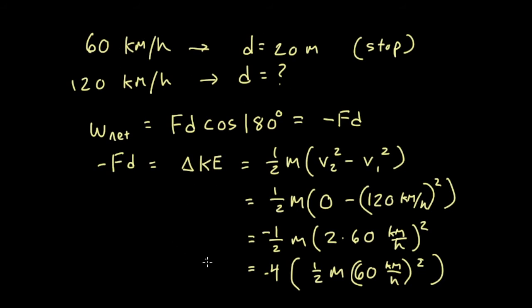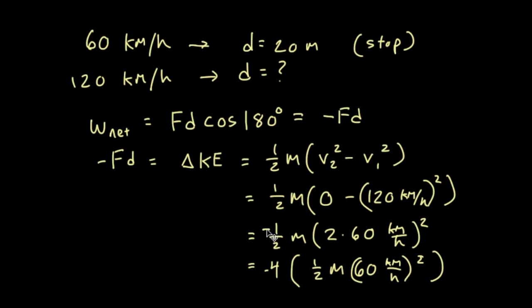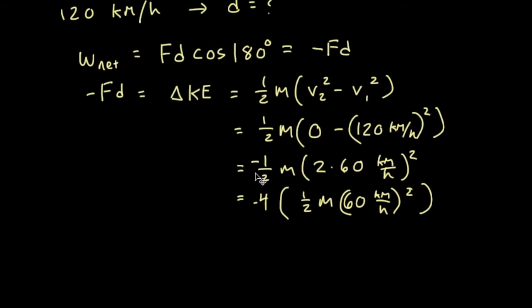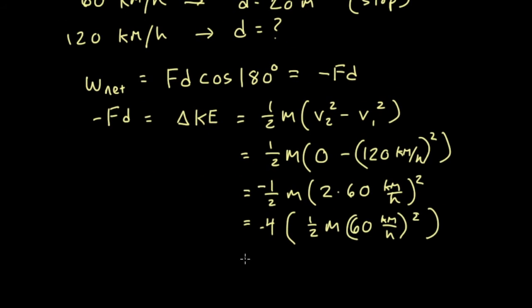So the stopping distance is going to be 4 times the original value. So our new d value is going to be 4 times the 20 meters. Okay, so the answer would be 80 meters. What this means is that the displacement is proportional to the velocity squared. Increase the velocity a certain amount, and the displacement associated with that velocity will increase by the square of that amount.